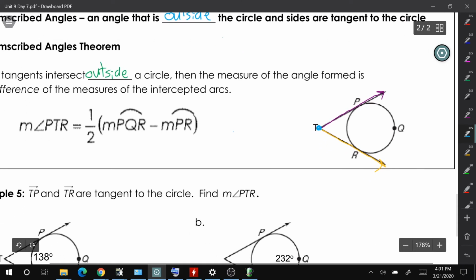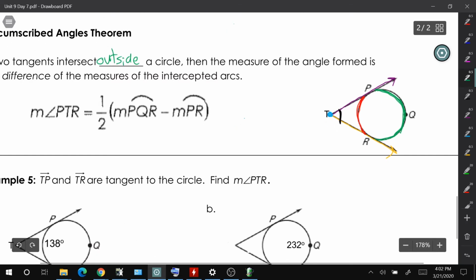So this angle right here is 1/2 the difference of these two arcs. So you'd have to subtract those and then multiply by 1/2, or divide by 2.